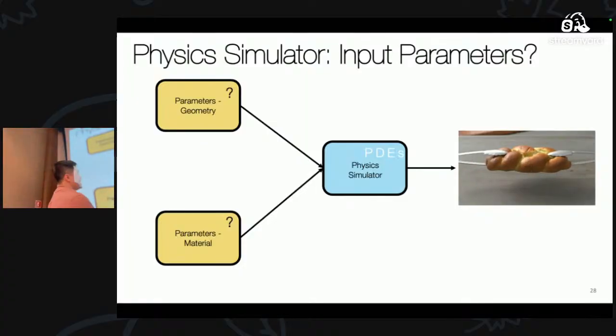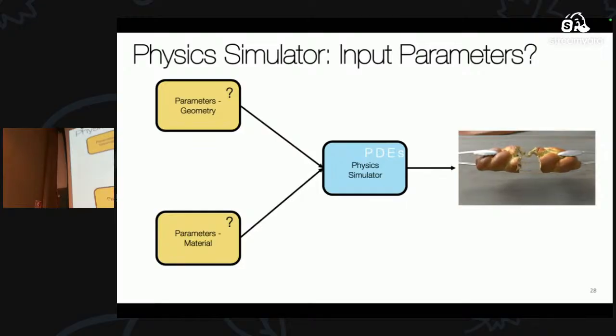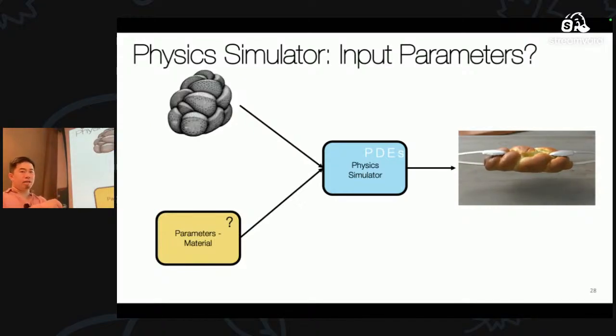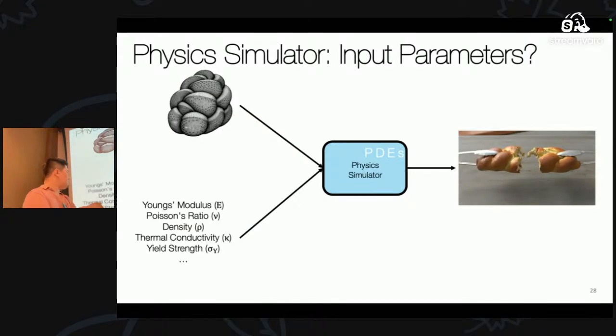We know these physics simulations produce wonderful results, but very often it's very difficult to figure out the input, in other words, the geometry, the mesh, as well as the complex material parameters. How soft is this thing? How easily fractured is this thing? That is the challenge here.